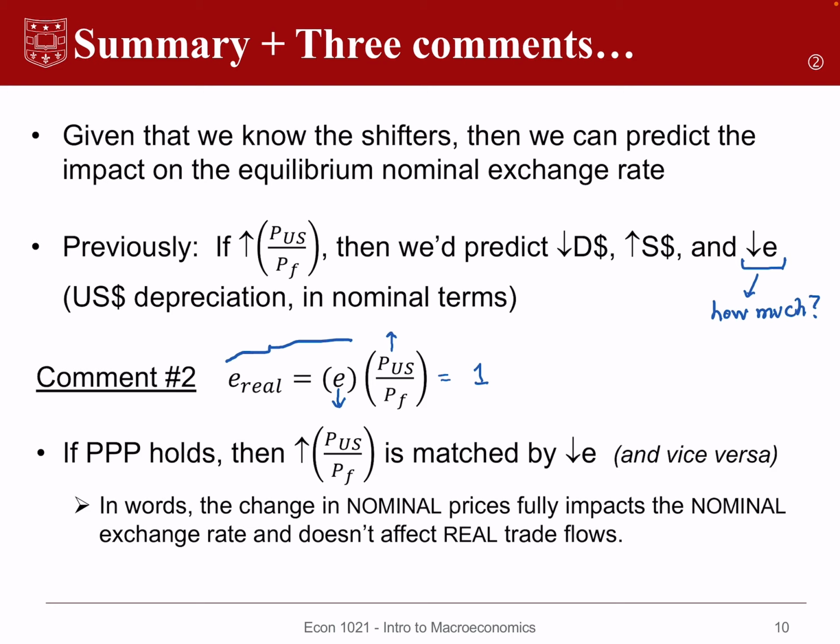But if you just have this nominal change going on, it might not. So an open question always, and this will be something we take up also in our fixed exchange rate notes, is whether purchasing power parity holds. If purchasing power parity holds, then changes in relative prices in countries won't impact trade flows.